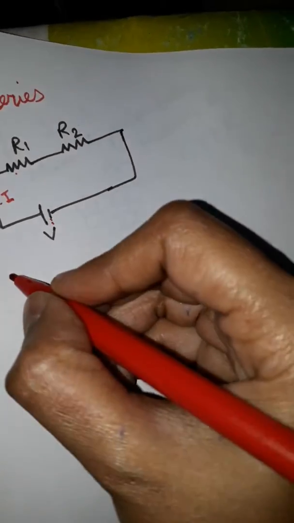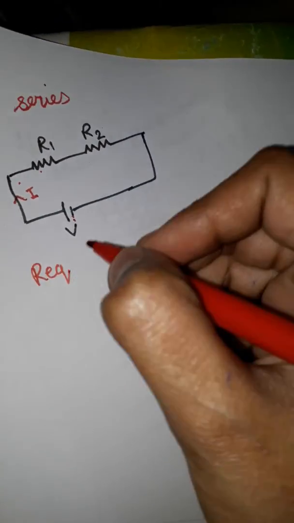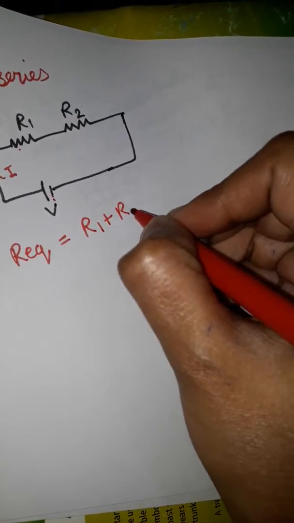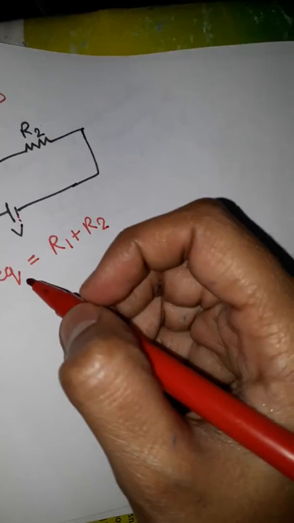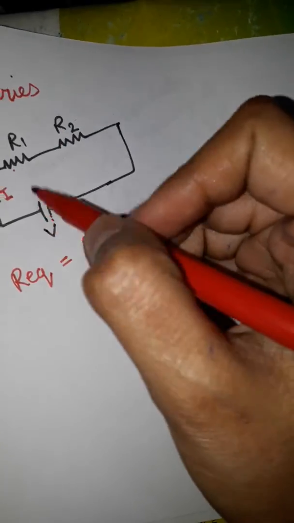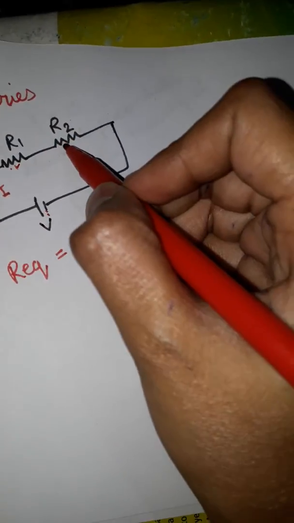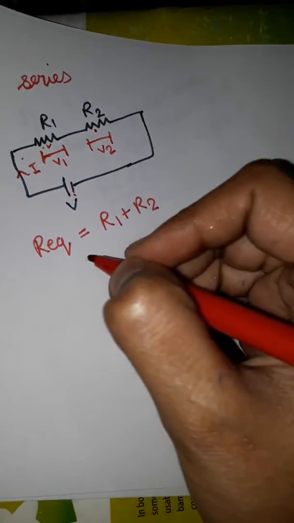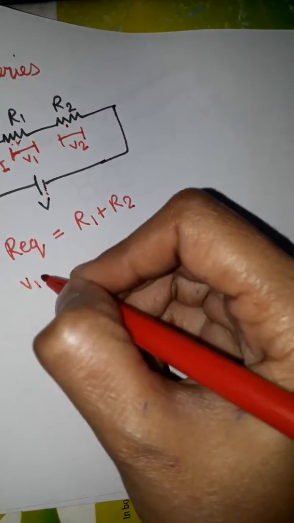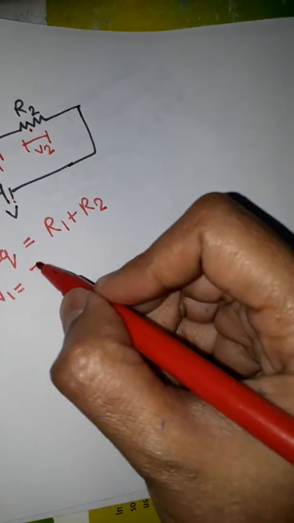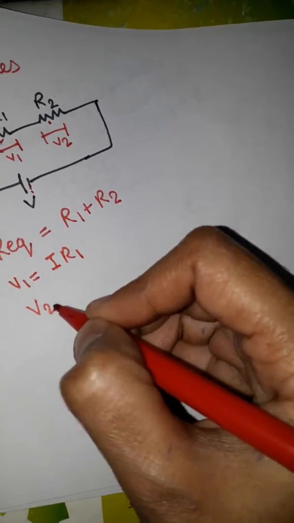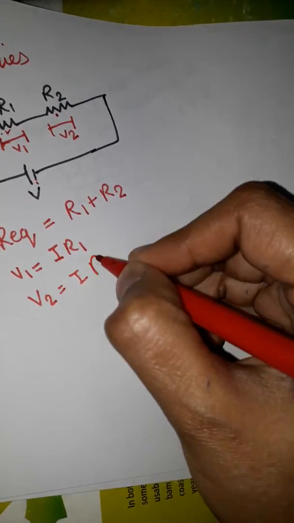In this case, we can give an equivalent resistance: R equivalent is equal to R1 plus R2. The voltage will be divided across R1 and R2. Let the voltage across R1 be V1 and the voltage across R2 be V2. V1 is I into R1, and V2 is equal to I into R2.